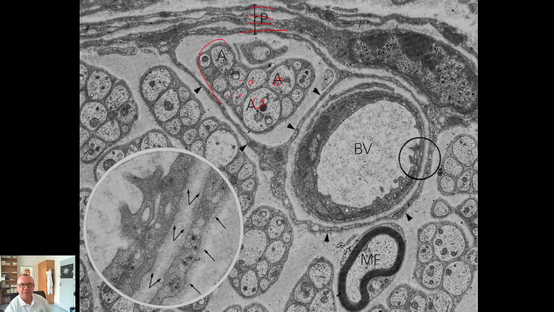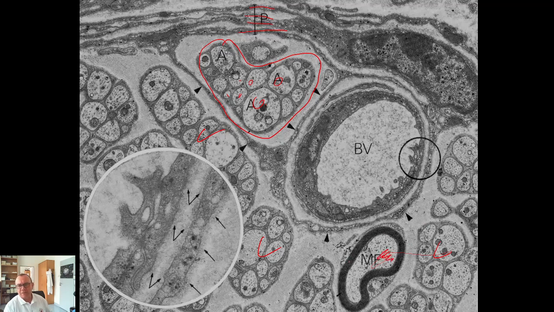So let's say this is one Schwann cell, and its nucleus is in another place. We don't see it, but it contains a lot of axons situated inside. The same situation is here, and the only myelinated axon is this one.